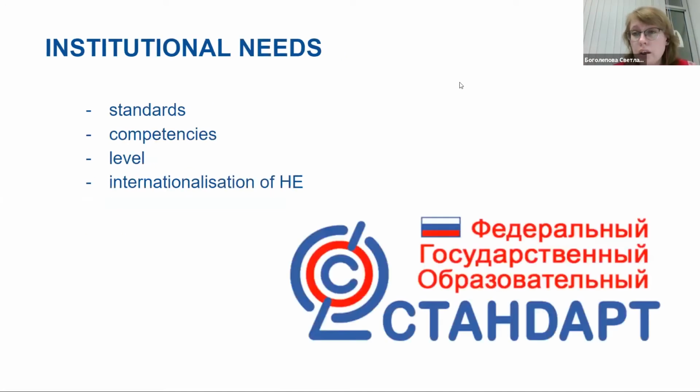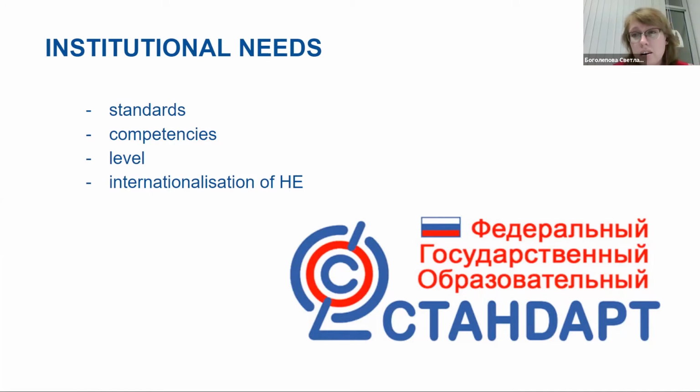But as we teach at universities, we cannot avoid taking into account institutional needs. In many cases, these standards describe the level. For example, our standard gives us the level B2 for non-linguistic students, C1 for linguistic students as the level they need to achieve at the end of a course of study at the university.